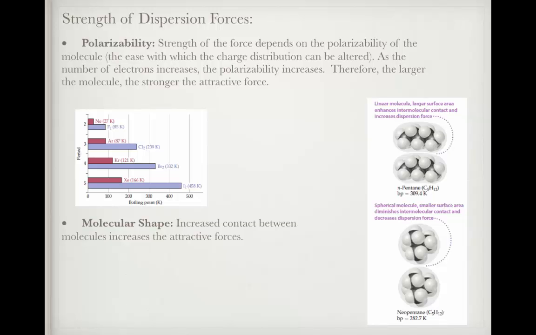So if you can imagine the N-pentane, that has a greater surface area in which the molecules can interact with each other and therefore create those induced dipoles and therefore have that dispersion attraction. Now, if you have a spherical model, as you can see below, there's less surface area, there's less area in which the induced dipoles for the two different molecules can interact, and therefore the attractive force between the molecules is less.